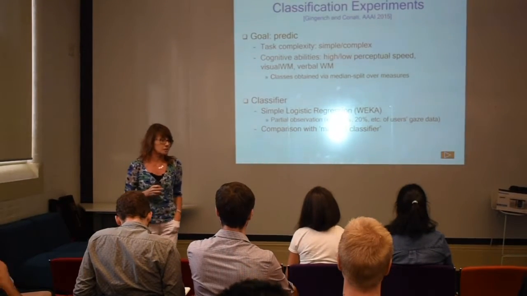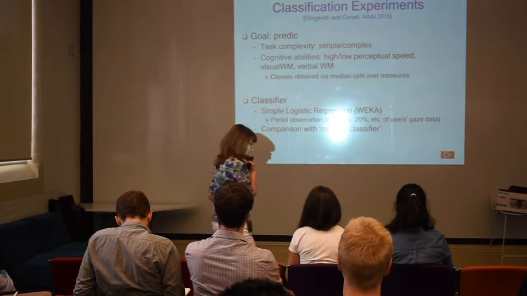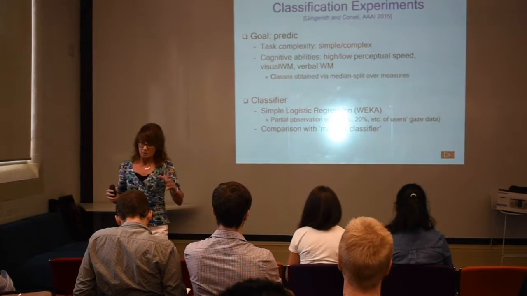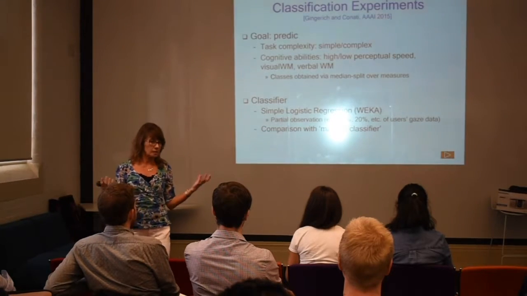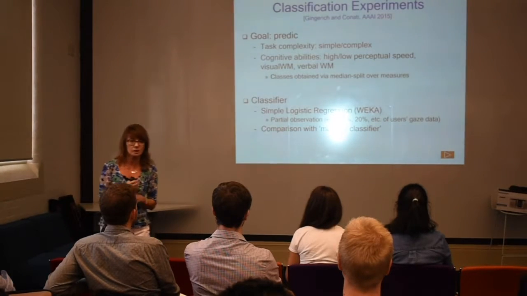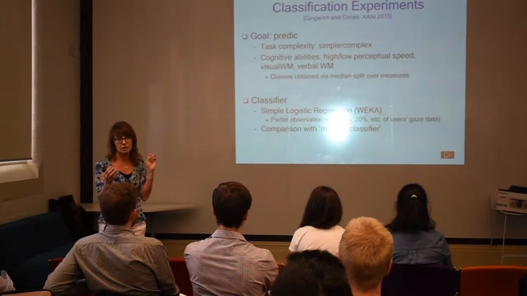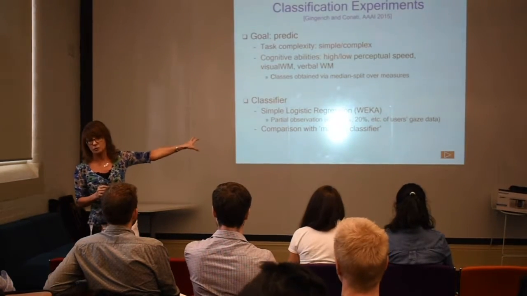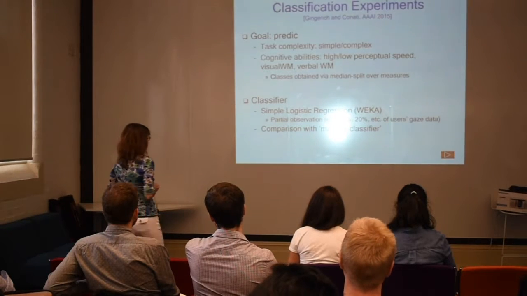And we created these categorization classes by splitting users in high and low measures, simplistic, otherwise it could be too difficult for machine learning, but we use a median split on the test measures to divide users in high and low levels for each of the three cognitive abilities.